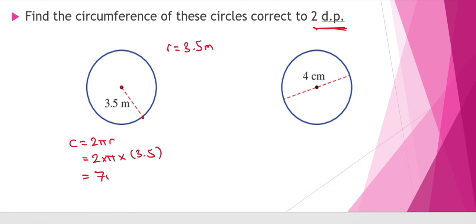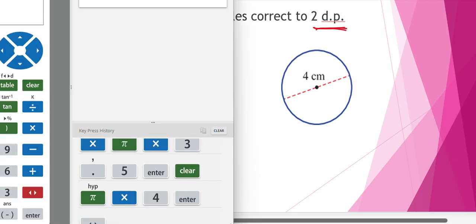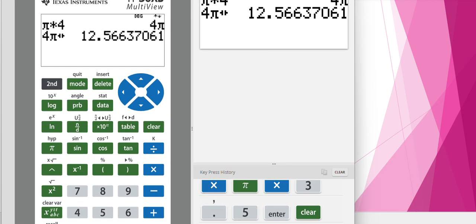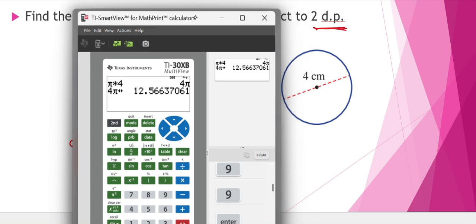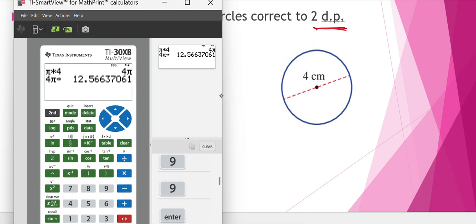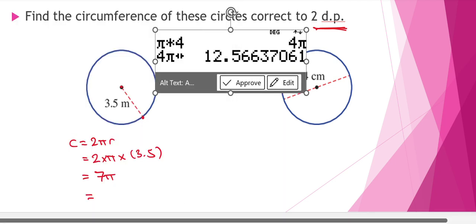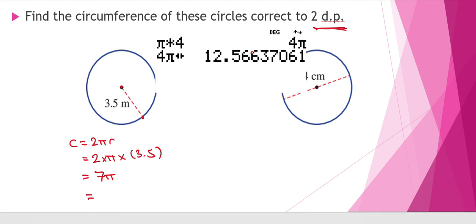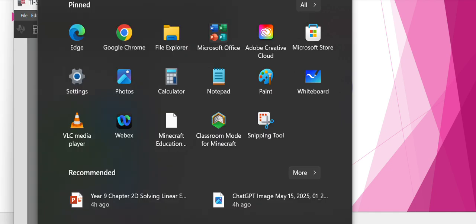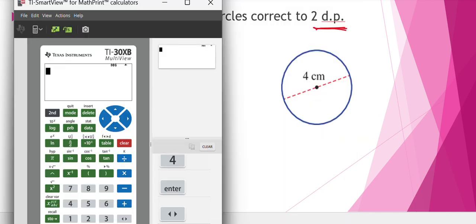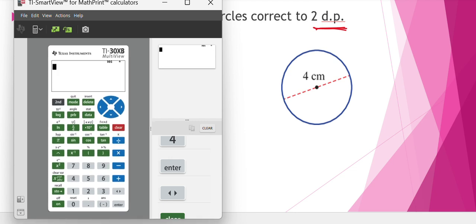And if you type this into the calculator, which I'll show you right here. Okay, so 2 times pi.